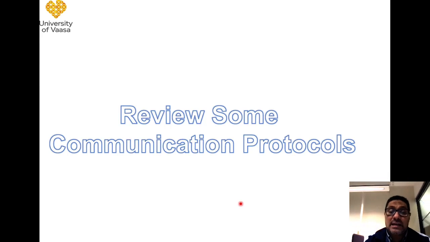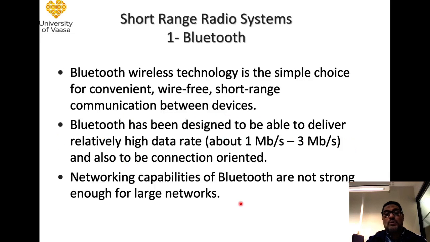Here in this part, I introduced some review of the communication protocols, but because of the time now, it might not be possible to go through them, but you can read them for general knowledge about, for example, Bluetooth, how it works, and what the communication performance is. For example, it can achieve a data rate from 1 megabit per second up to 3 megabit per second.